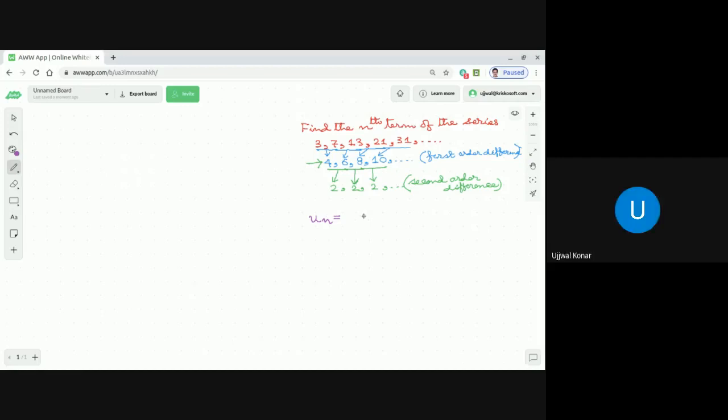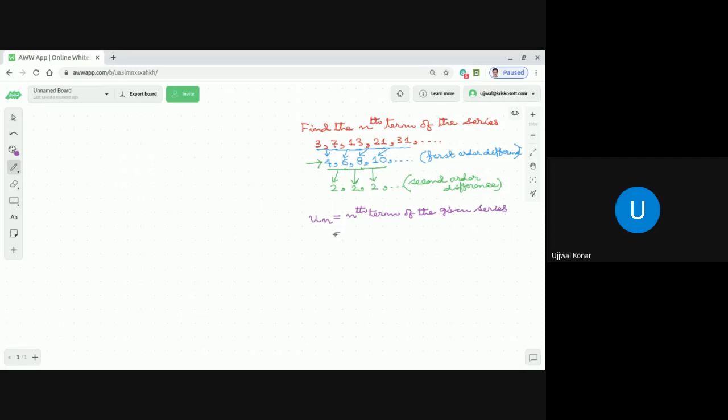UN is equal to the nth term of the given series. How will you write it?